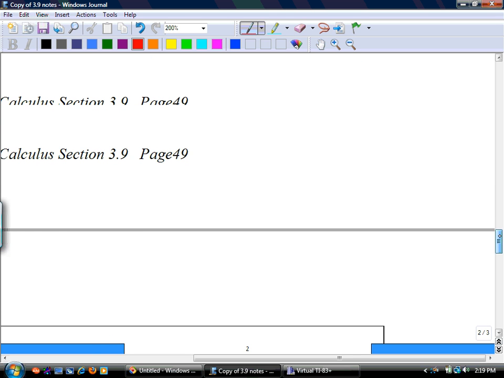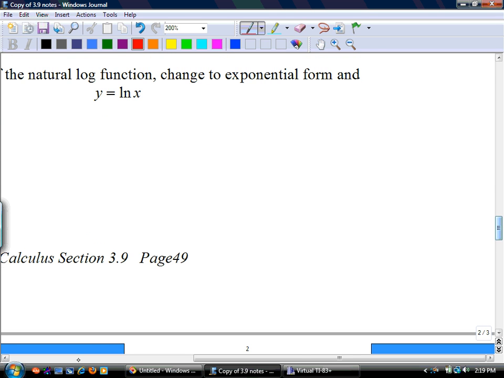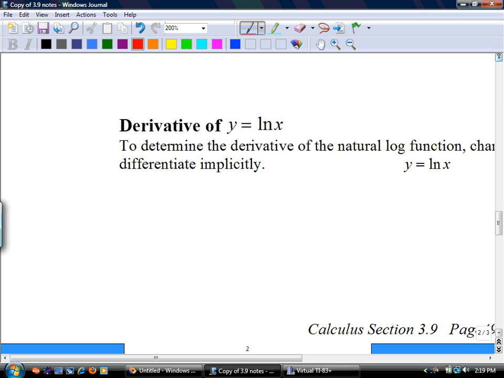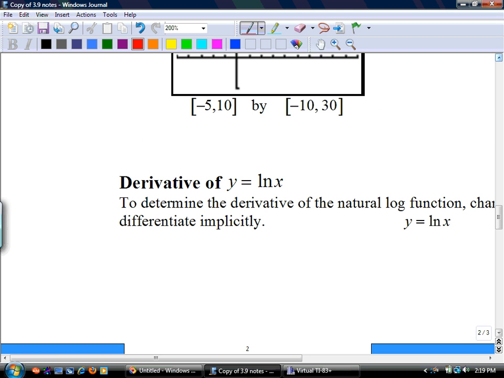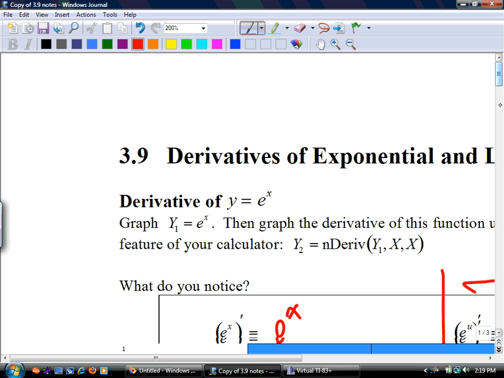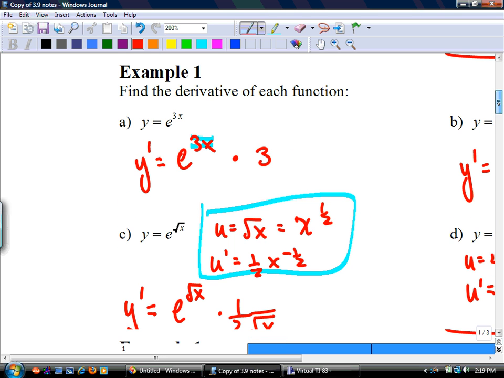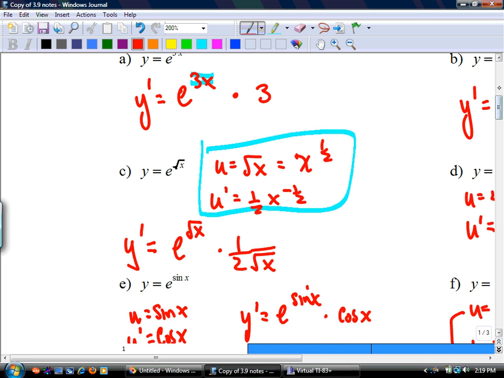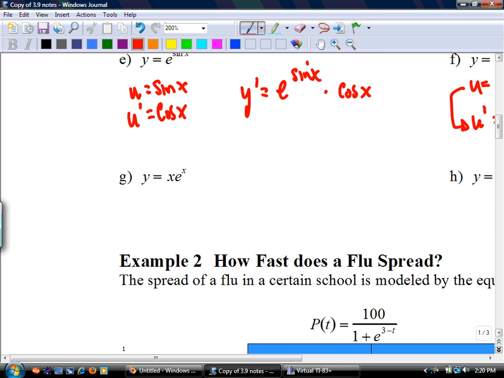Okay, last 2. What are we going to do for the one? What are we going to do here? There's a G and an H. Product rule!